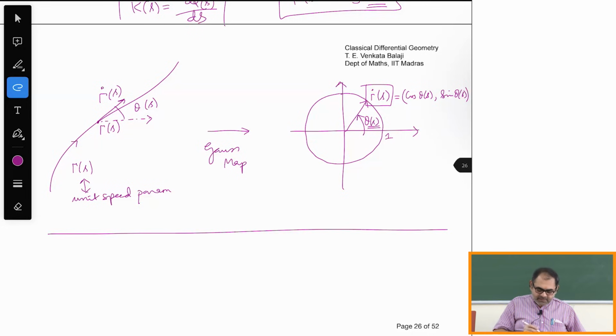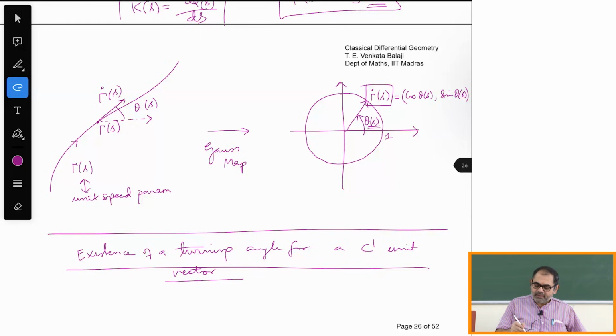So what I am going to do is the following: the existence of a turning angle for a C1 unit vector, okay. Remember, in the situation above, gamma of s is a unit speed parameterized curve, so gamma dot is a unit vector.